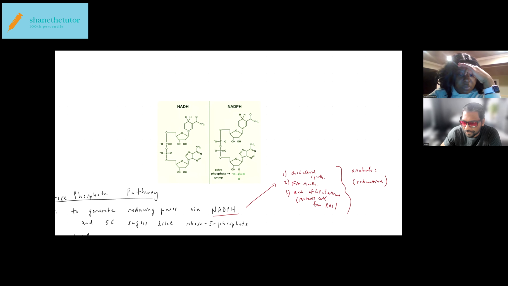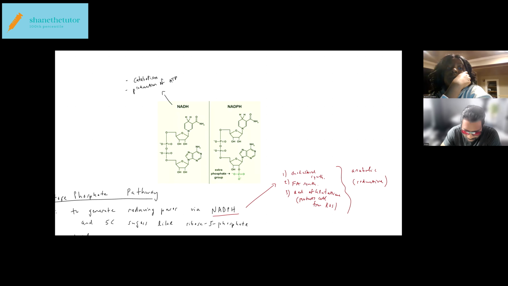functions in catabolism, ultimately in the production of ATP.